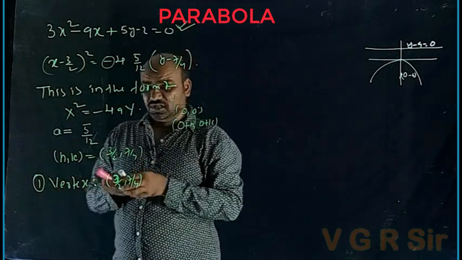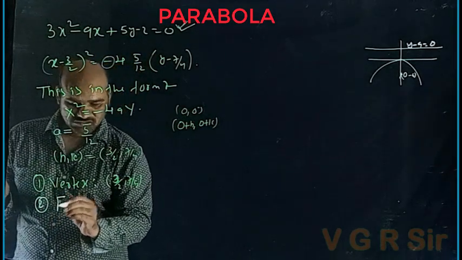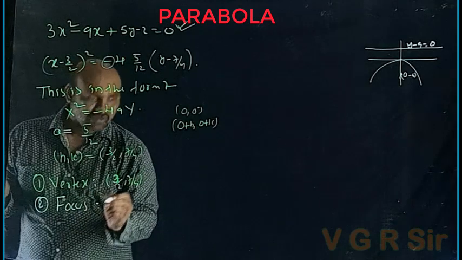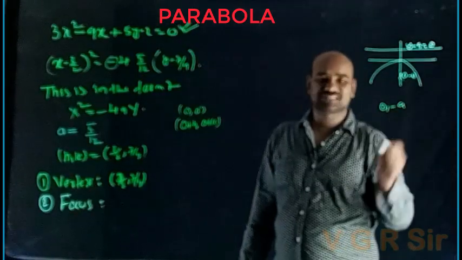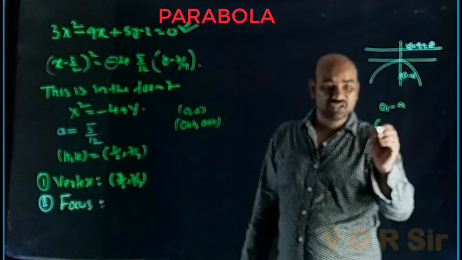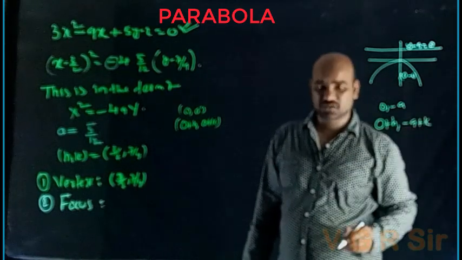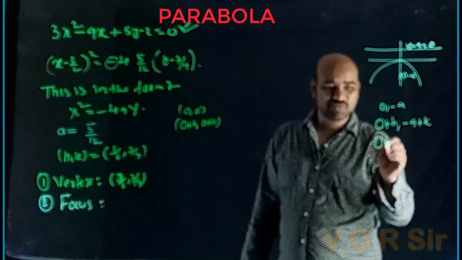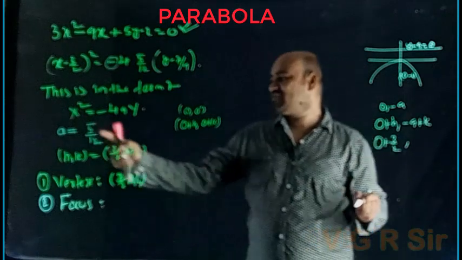Next, I want the focus. What is the old focus? The old focus is 0 comma minus a. What is the new focus? 0 plus h comma minus a plus k is the new focus. 0 plus h means 3 by 2. Comma minus a, where a stands for 5 by 12.